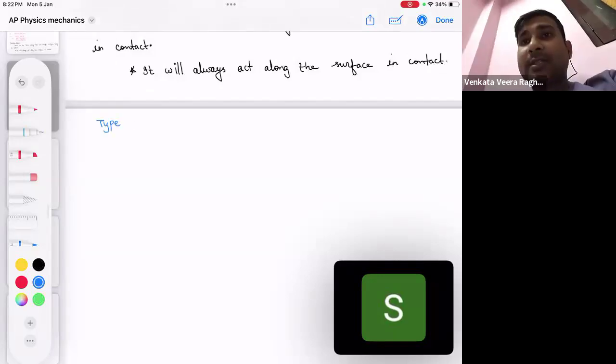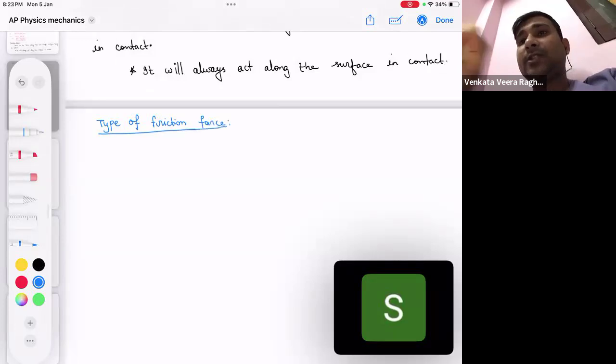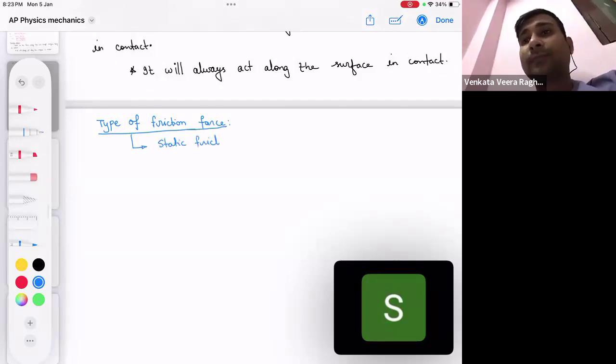Static friction and kinetic friction, right? We have two types of friction force. The first one is static friction, and the second one is called the kinetic friction.